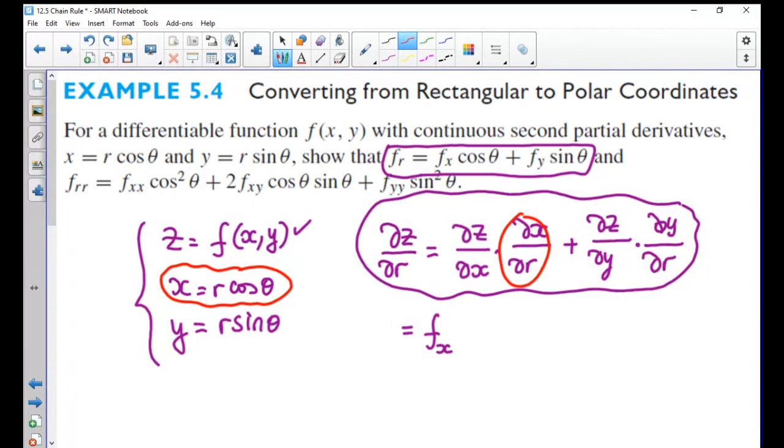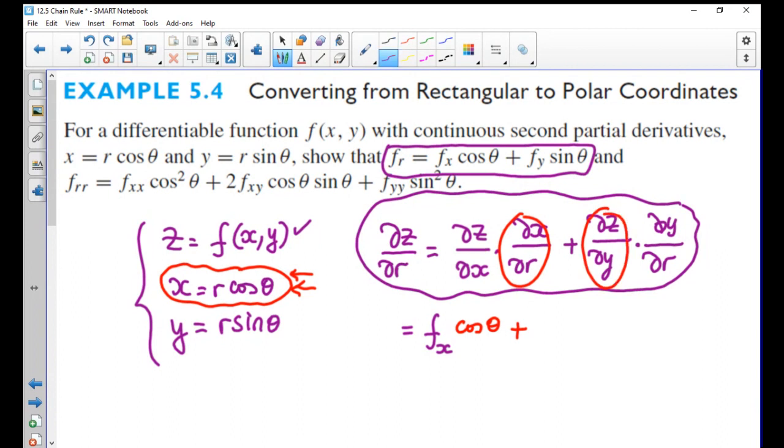If you look at x and differentiate it with respect to r, you will get cosine theta. And then plus dz over dy.